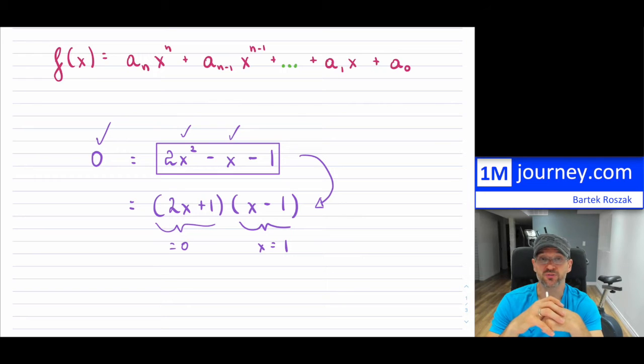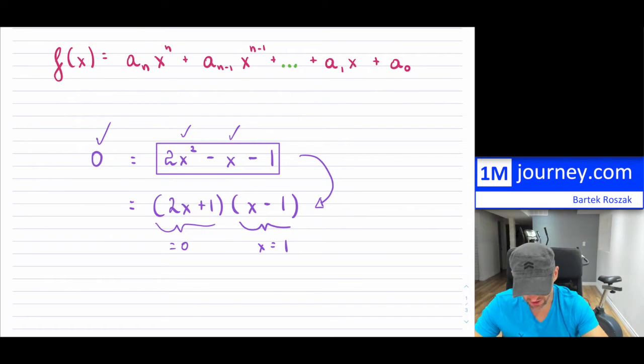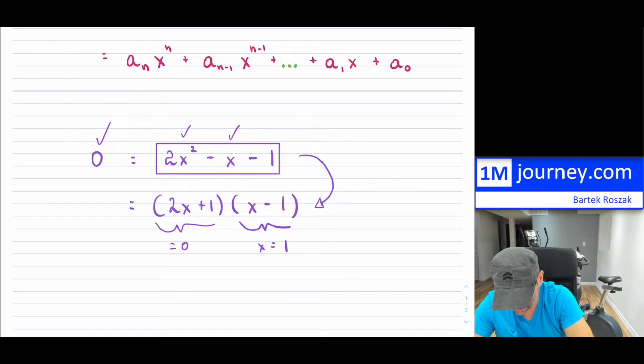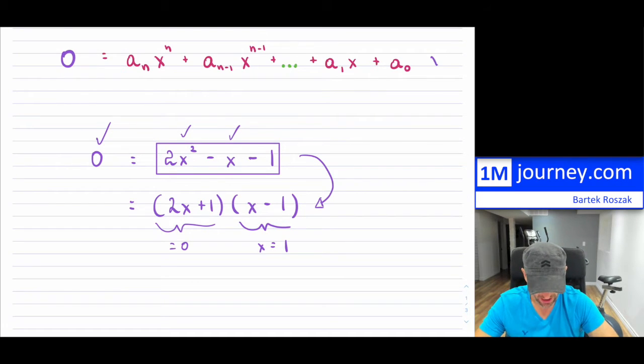So if you take these, and they might be very arbitrary, and you set these equal to 0, and then you say, can you find the roots or zeros of this polynomial such that it equals 0? Then you're probably at a tough point trying to figure it out.